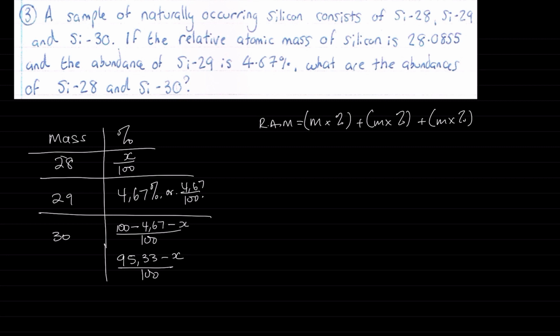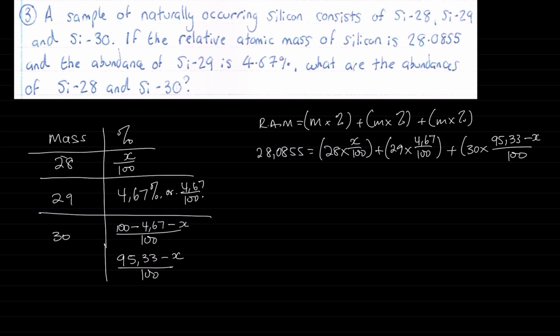We got the relative atomic mass, 28.0855. That's equal to 28 times x over 100, plus the next one is going to be 29 times 4.67 over 100, plus the last one is going to be 30 times (95.33 minus x) over 100.